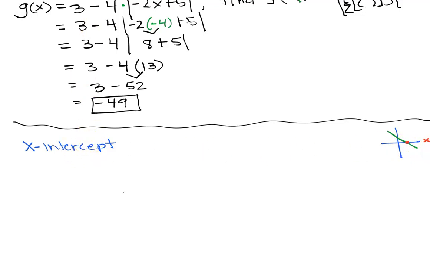Okay, so the x-intercept is where a graph crosses or touches the x-axis.